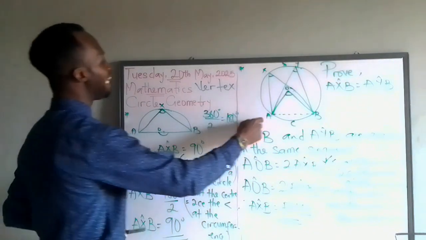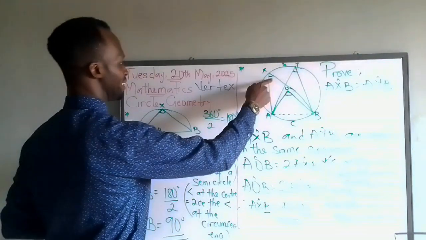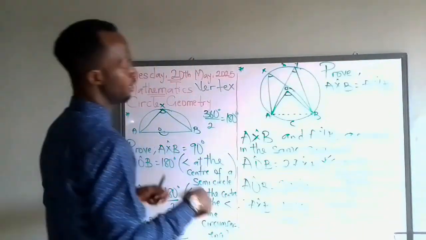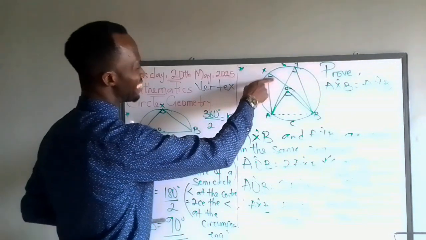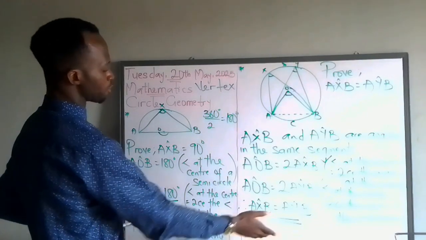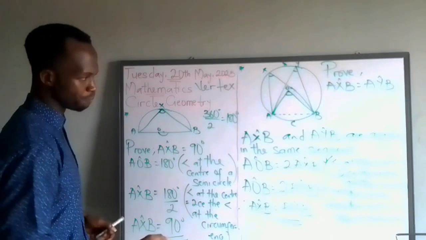Again, if AOB, the angle at the center, is twice the angle at X and is also twice the angle at Y, it suffices to say that the angle at X is equal to the angle at Y. So angle AXB is equal to angle AYB.